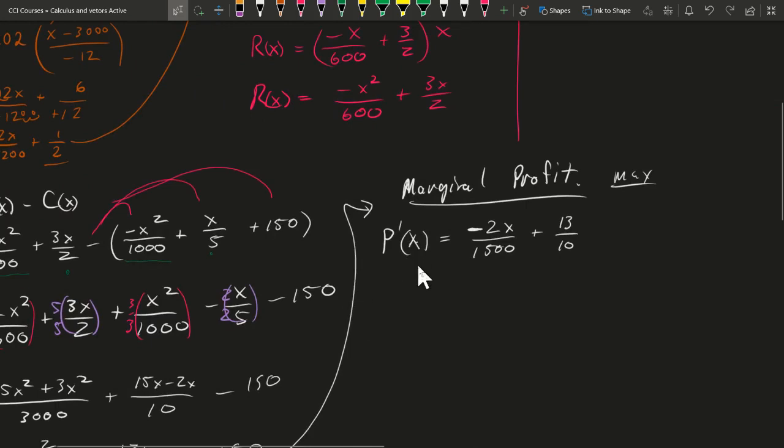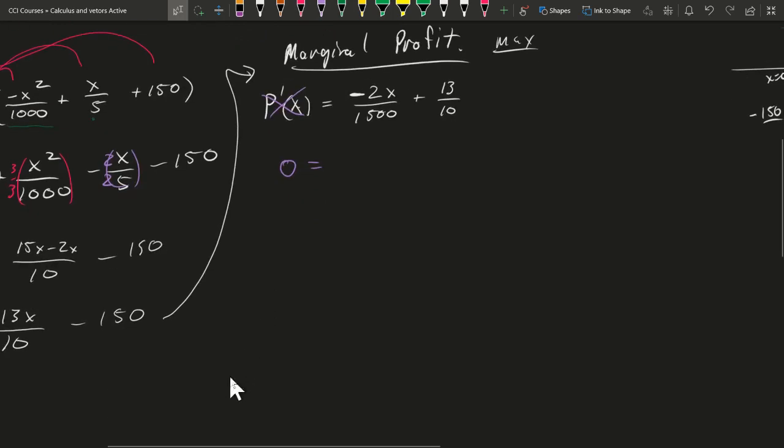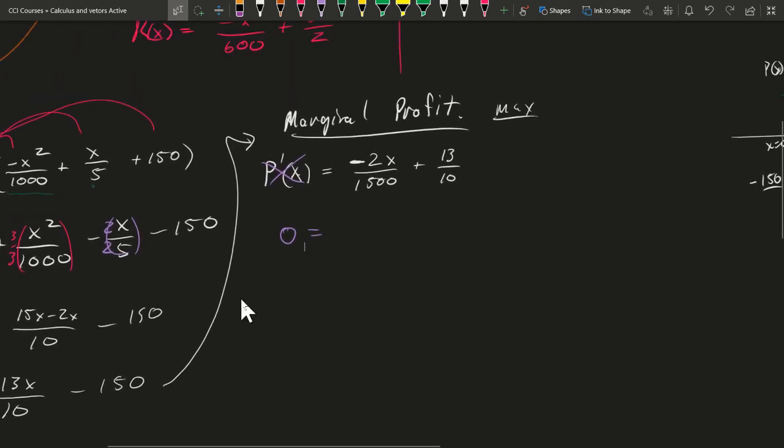So if I take my p prime of x and put a 0 here, I should find the top of the profit function. Not the marginal profit function, but the profit function. So I'm going to do that. This is amazing. And here we go.